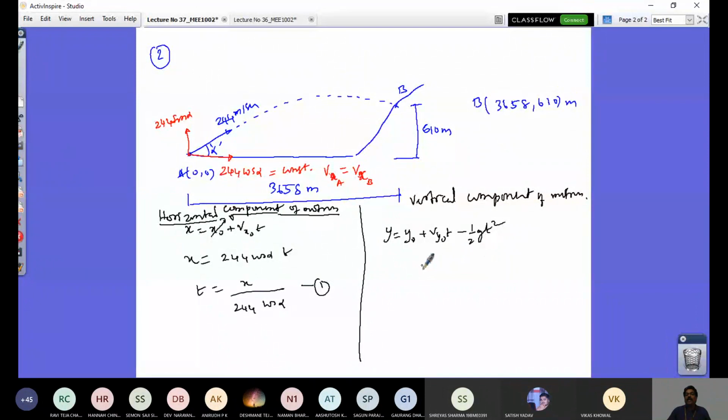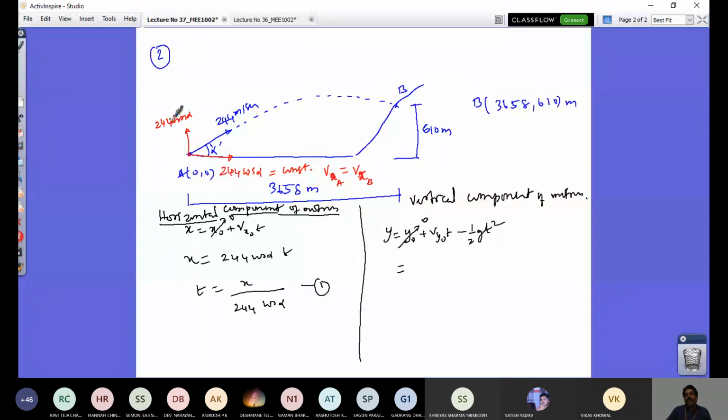But what is that in the path equation? I will not know this alpha. So if I substitute this in this, v_y naught in our case is 0, so that doesn't appear. Sorry, y naught is 0.